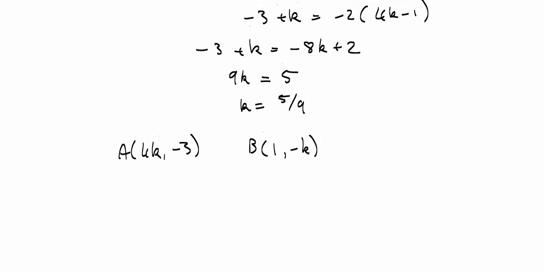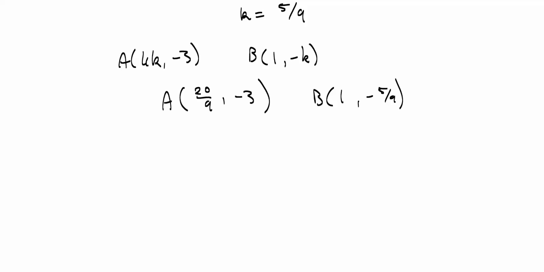So we can find the coordinates of A and B now by substituting k into the coordinates here. So A would be 4 times 5, 20 over 9, minus 3, and B would be 1 and minus 5/9.